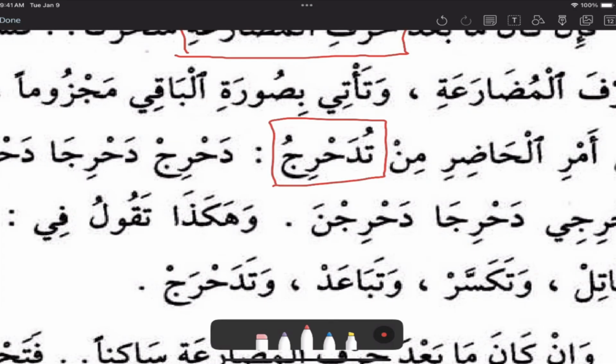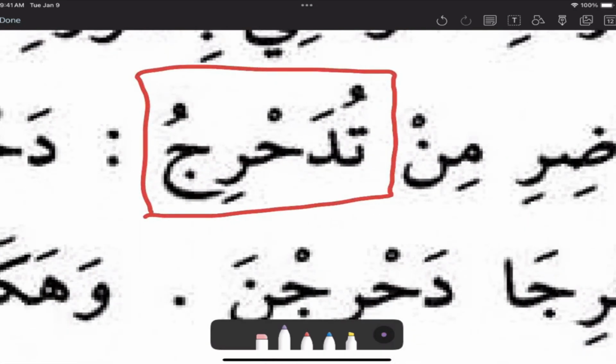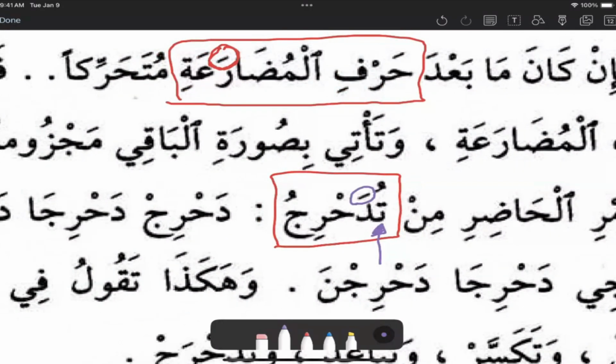One is he wants to present to you a verb that has a vowel after the mudari' letter. So the mudari' letter is that ta in the front. And there's a vowel after it because that's what he said. If what is after the mudari' letter has a harakah, then you're going to drop the mudari' letter and bring the rest of the verb like it's majzoom.